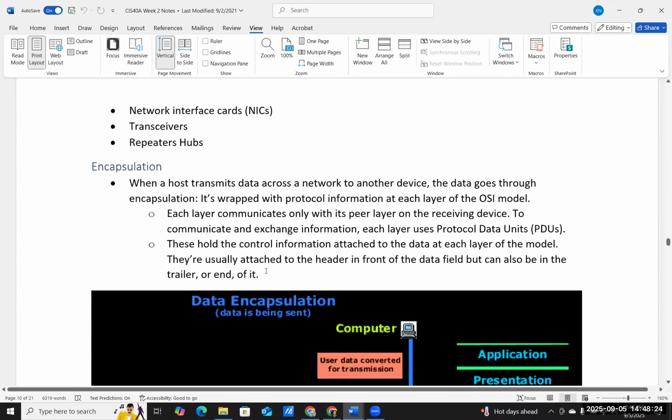Okay, I want to touch on data encapsulation. I think I talked a little bit about that the first week. When you transmit data, we all know that everything is in binary, zeros and ones. That's what the computer sees and stores. The text that you see is just for us. The human context is what we see through the application.